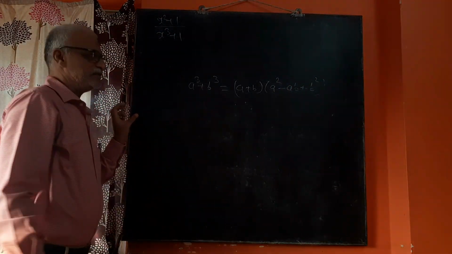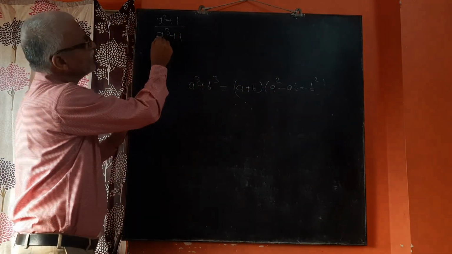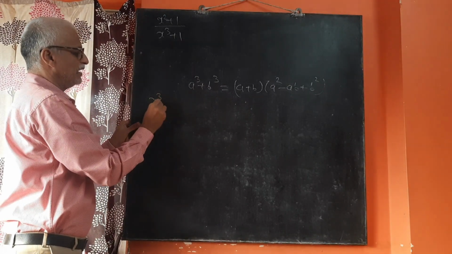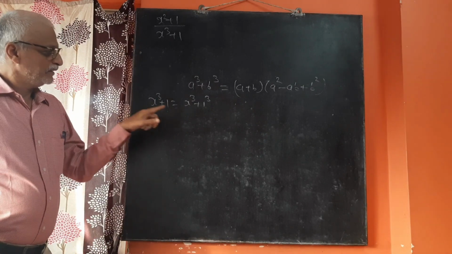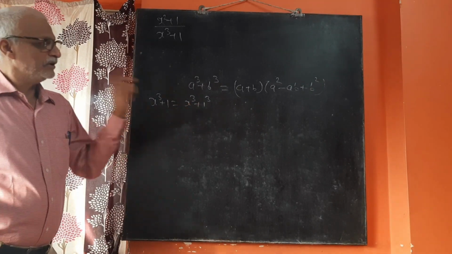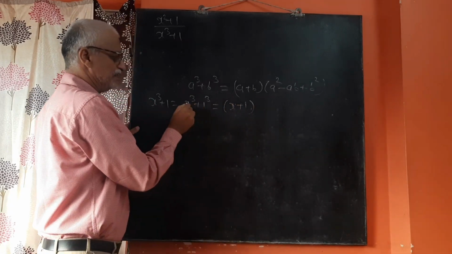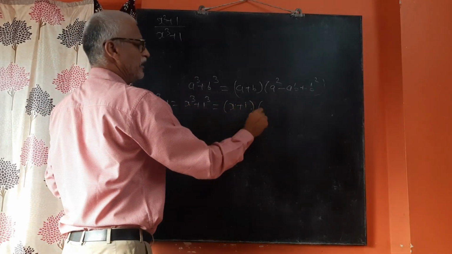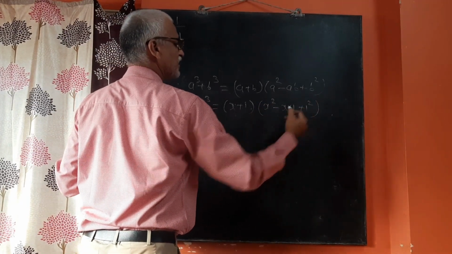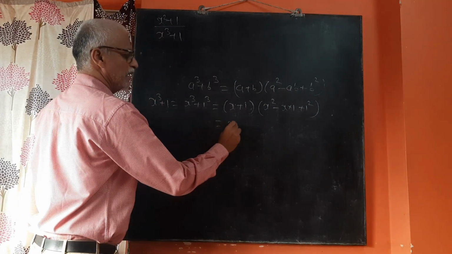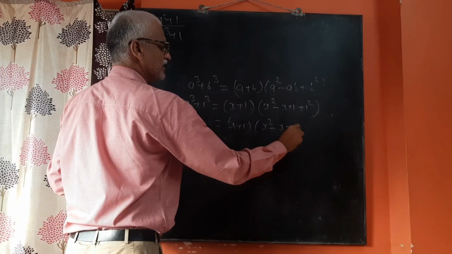Similarly, x cube plus 1 can be written as x cube plus 1 cube, which is in the form a cube plus b cube. So the factors are x plus 1, where a is x and b is 1, into x square minus x into 1 plus 1 square, or x plus 1 into x square minus x plus 1.